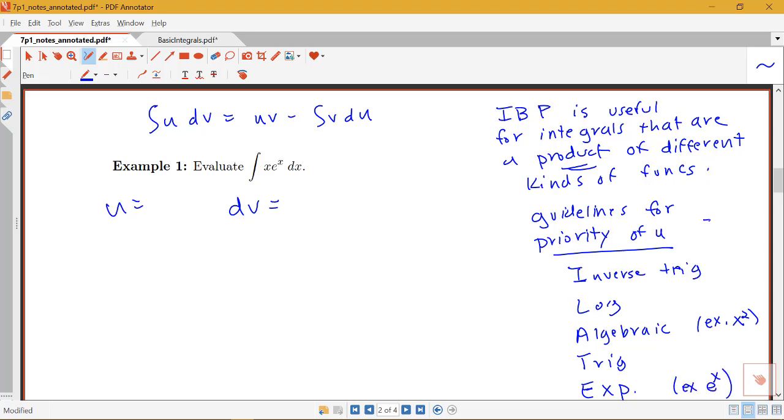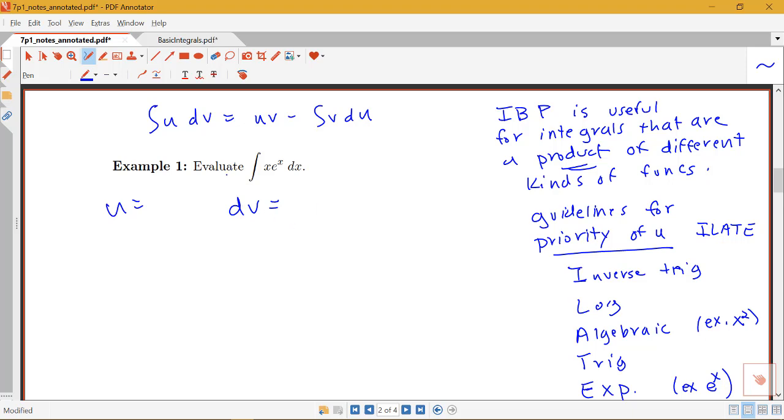So we have this ILATE guideline that's telling us what we should pick for u when we have that type of function appearing. The reason that this guideline is helpful is the goal is to try to pick something for u that's easy for us to differentiate and make sure we don't put something in dv that's hard to integrate.